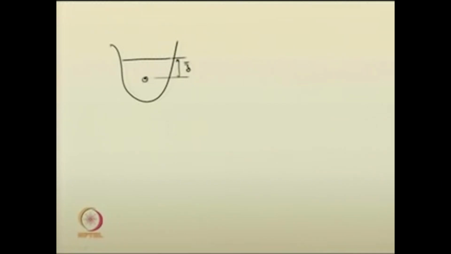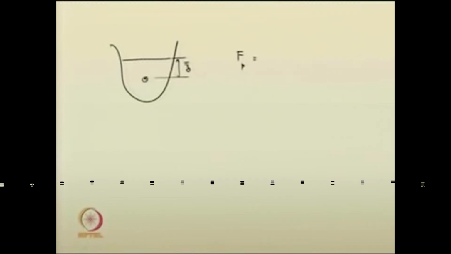Say if this is the water level, then whatever is the centroid of this area, that is the height to the centroid of the area from the top, we give it as z bar. Then the force due to pressure can be given as the pressure computed at this centroid, ρg z̄, into the area of the cross section.